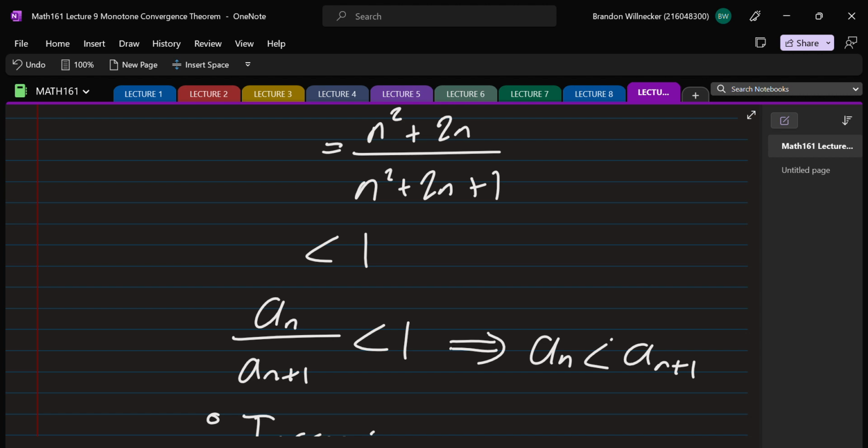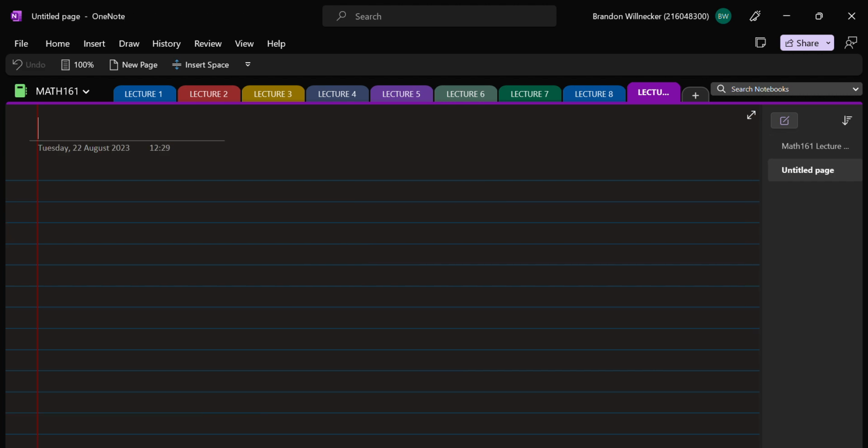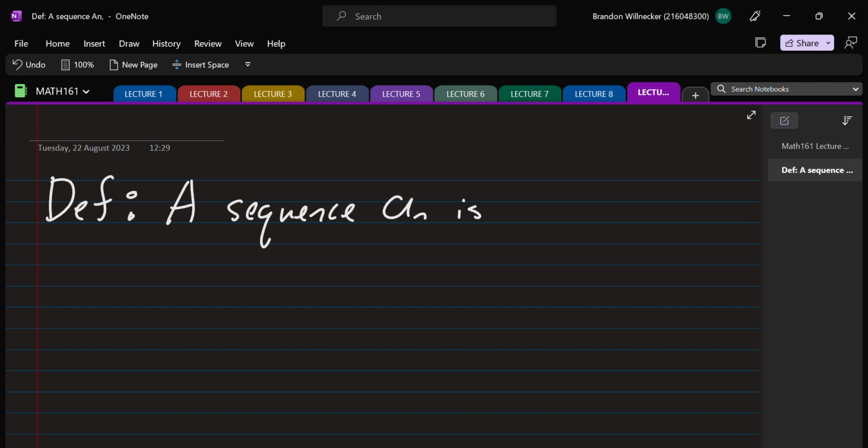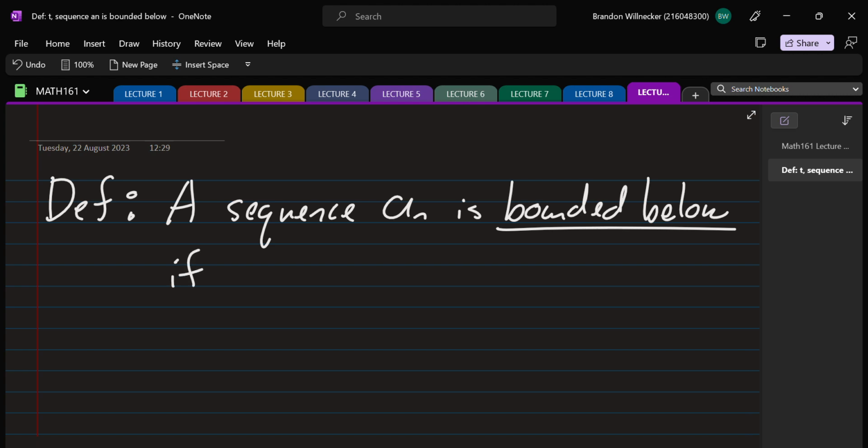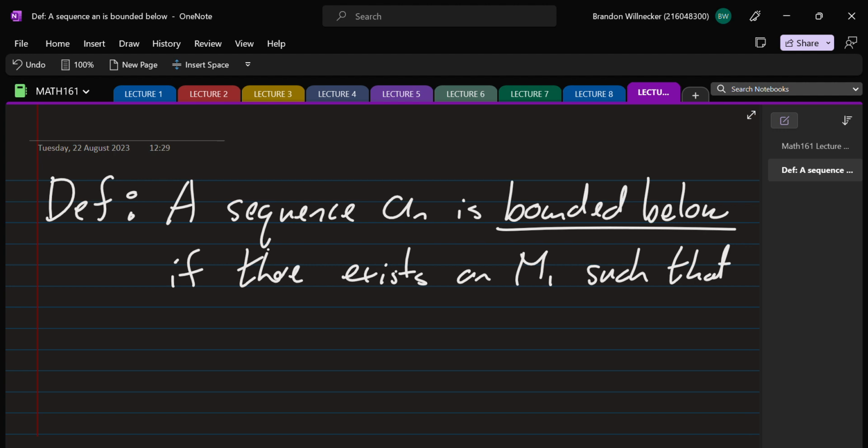Okay. The next few definitions are if a sequence is bounded. So a few definitions and then we'll get to the theorem. So a sequence a_n is bounded below if there exists an M1 such that, okay, if it's bounded below, it means that the sequence never goes below this point.